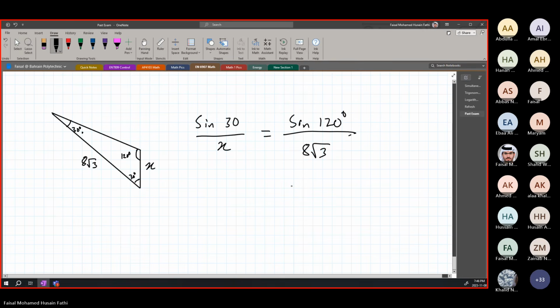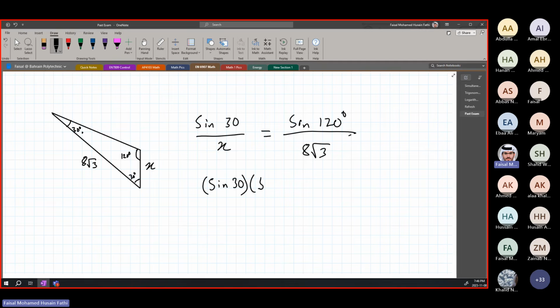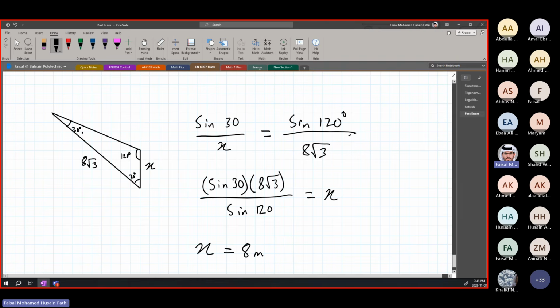Then you just solve for X, so sine 30 times 8 square root 3 over sine 120 is equal to X. Put it in the calculator and X is equal to 8 meters.